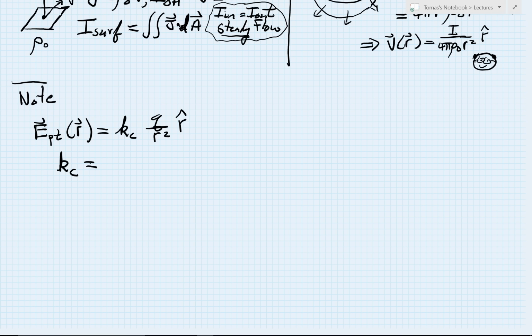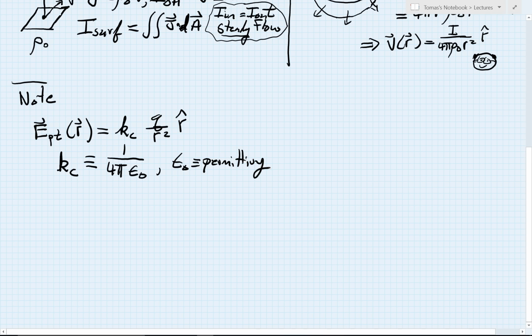But the Coulomb's constant is frequently also written in terms of a new constant defined to be 1 over 4 pi times this new constant epsilon naught, where epsilon naught is defined to be the permittivity of free space.